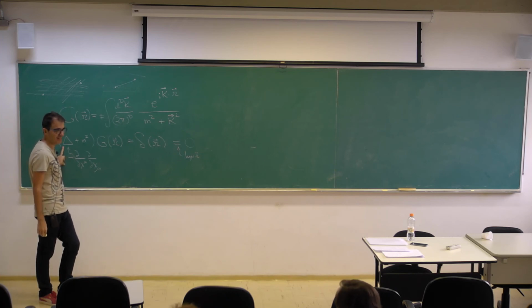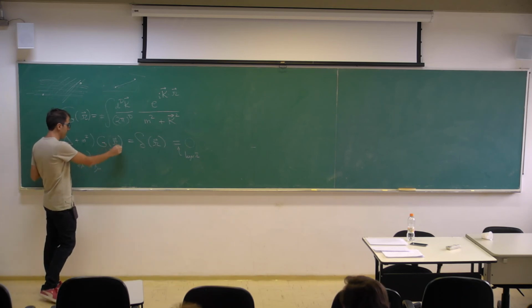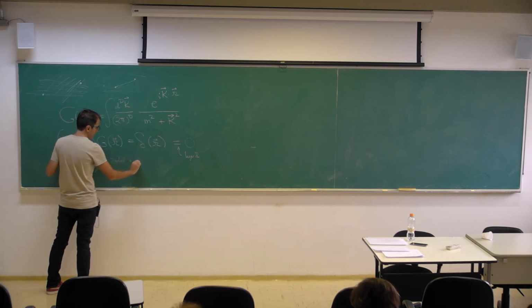The general form of it is 1 over square root of g. But because of spherical symmetry, the Green function will only be a function of the magnitude of r. So if I write this Laplacian as some radial part plus angular part, I can drop the angular part.